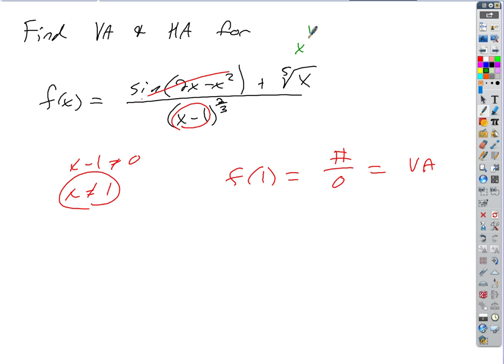Well, that's the same thing as an x to the 1/5, right? So if I look at the leading term down here, it goes like an x to the 2/3, right? X to the 1/5 over x to the 2/3. What's a bigger power of x? Bottom is. So what's the answer then? If the bottom is more powerful than the top, it's going to be 0. So the horizontal asymptote is y equals 0. Make sense? Okay. All right.